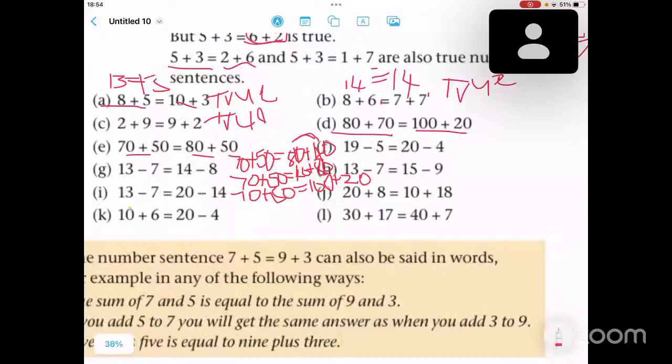Let's look at this. We were on E, and now we are having F. Is F correct?